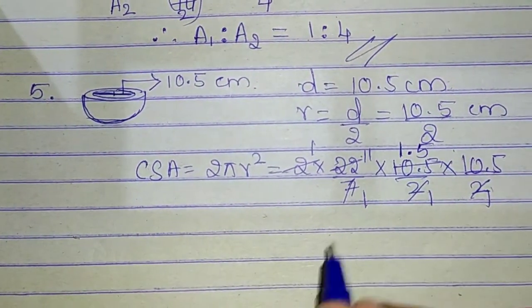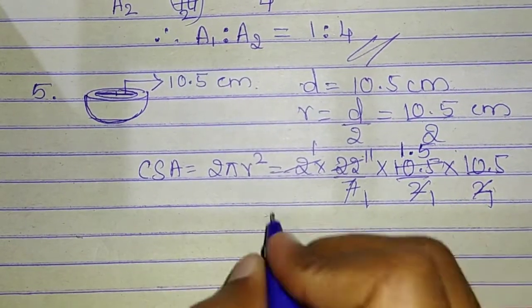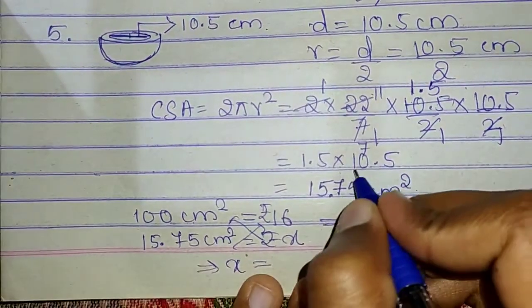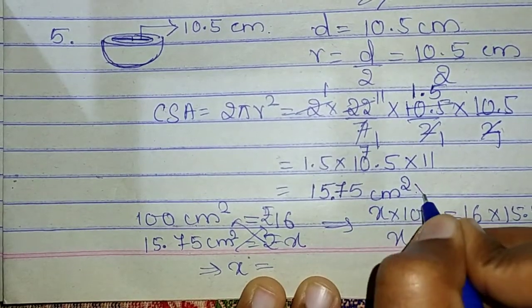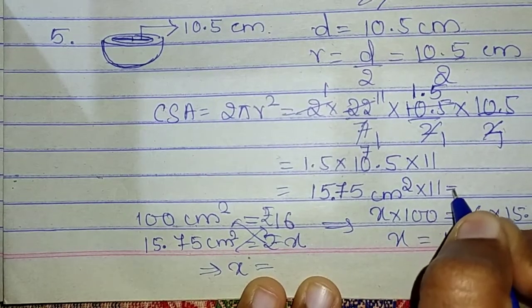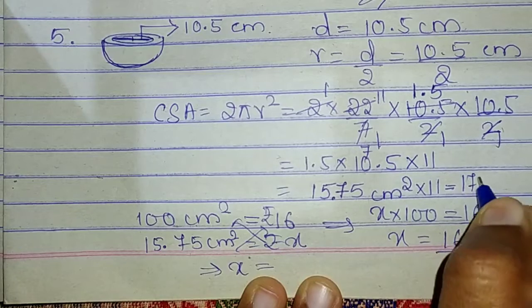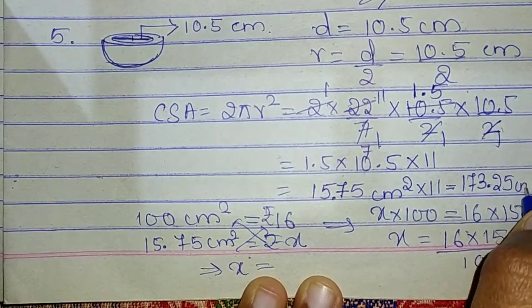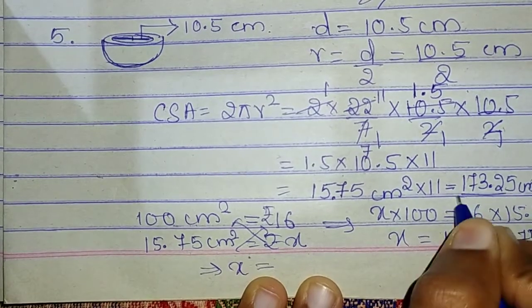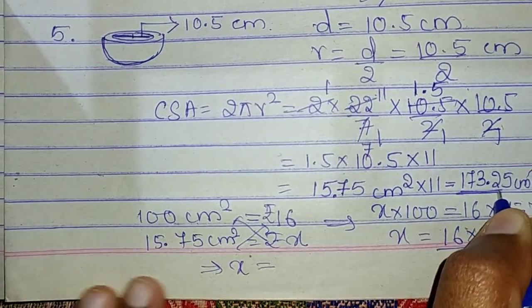So all we have is 1.5 into 10.5 into 11, which is equal to 173.25 centimeter square. This is the area of the hemispherical bowl.